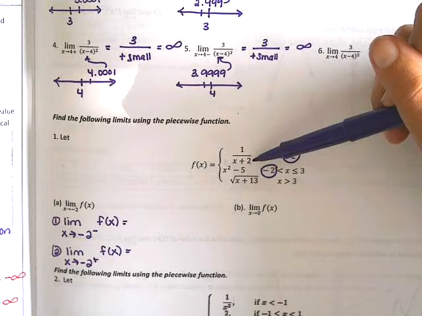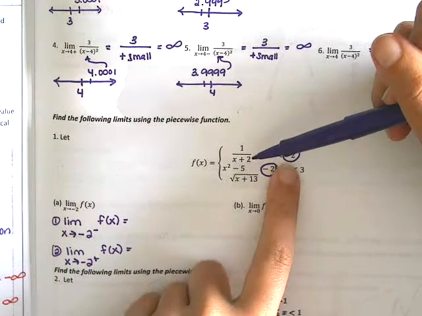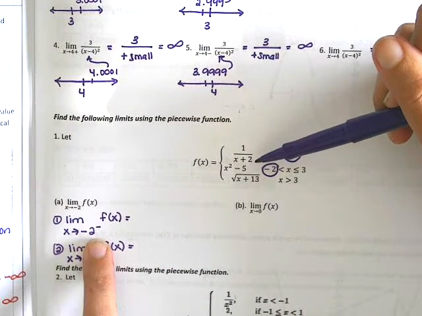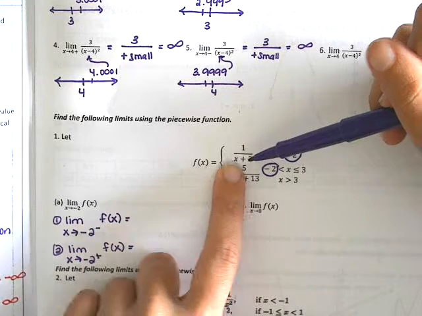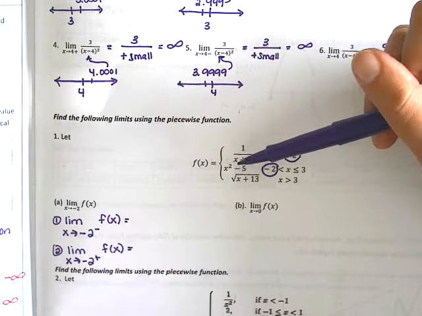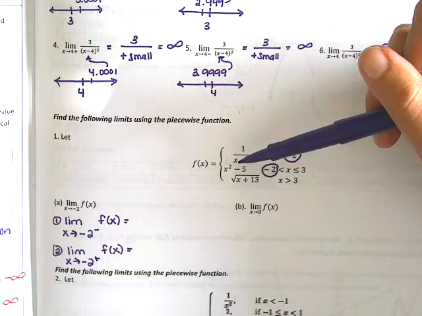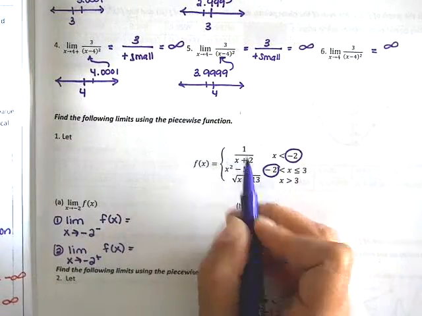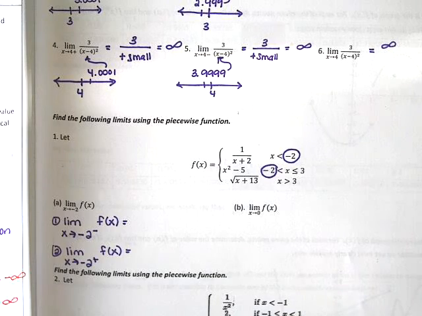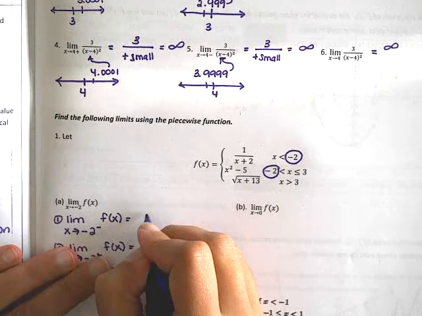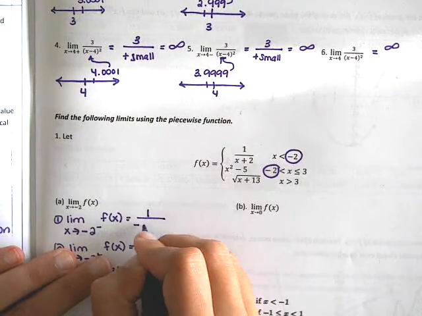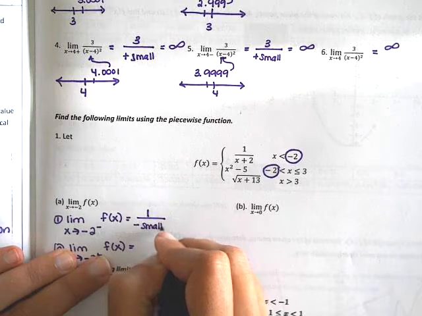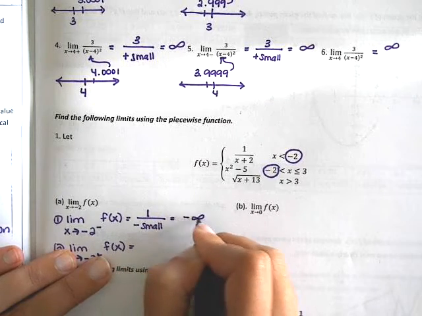It causes an asymptote. But pick a number slightly to the left of negative 2. Left of negative 2 would be like negative 2.001. Negative 2.001 plus 2 is a very small number, but it's negative. So we would have 1 divided by a negative small number, which would be negative infinity.